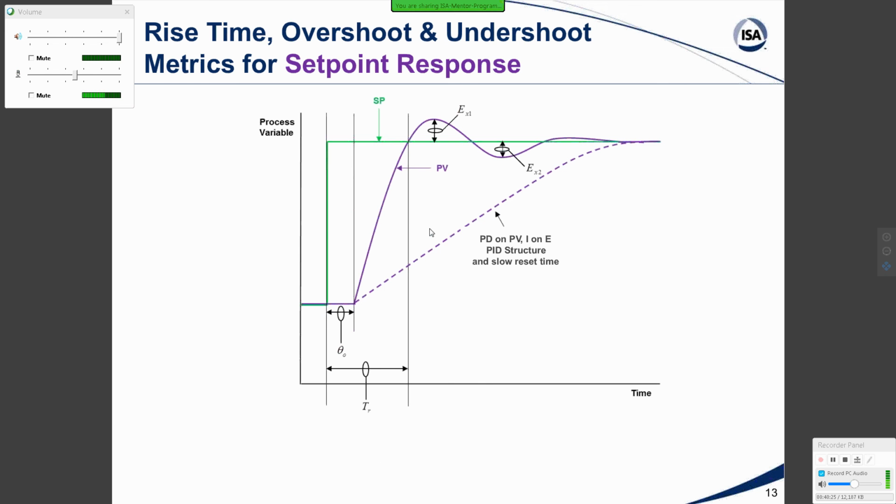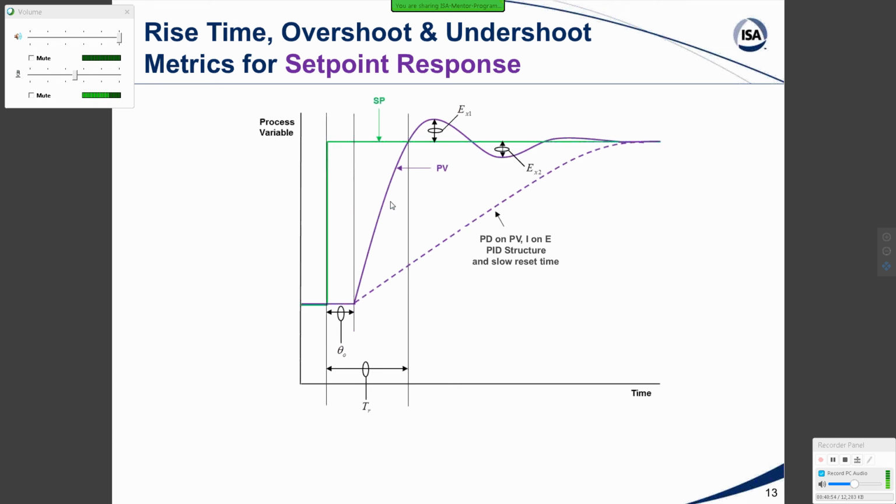I was interested in getting to set point as fast as possible, but with minimum overshoot, and that overshoot here is E sub x1, and then also minimum undershoot, E sub x2. And so this was kind of a challenge, because it turns out if you literally use the tuning settings for best load disturbance and a PID on error structure, you're going to get overshoot.